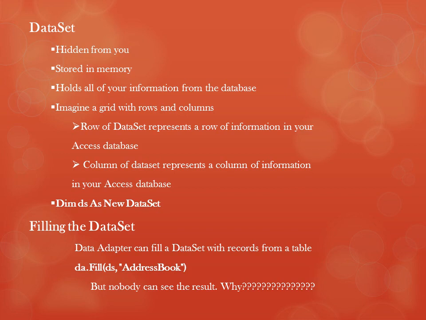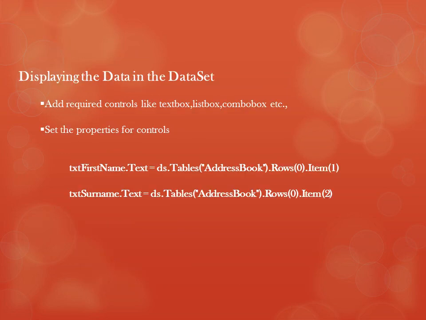Do you know why? This is because we have not displayed the data in the respective controls. To display the result, place the needed controls in the form and change the record properties. I used two text boxes to display the first name and last name. This is called data binding.